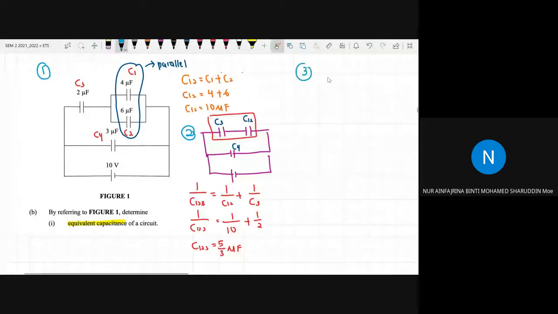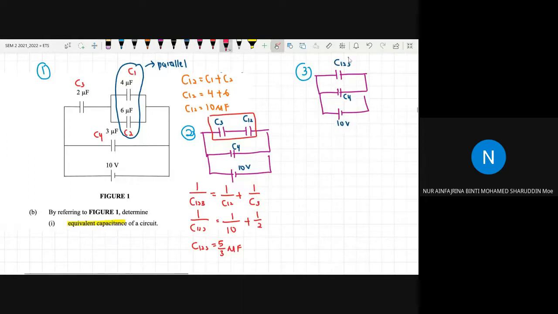When Miss combines it now, it will look like this. So this is going to be your C123 and this is C4. Okay, here it is still 10 volt and this one is still 10 volt. So we will end it with parallel. We will find the effective capacitance, so C123 plus C4.